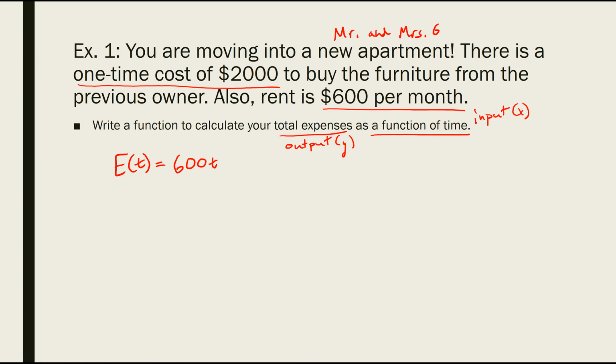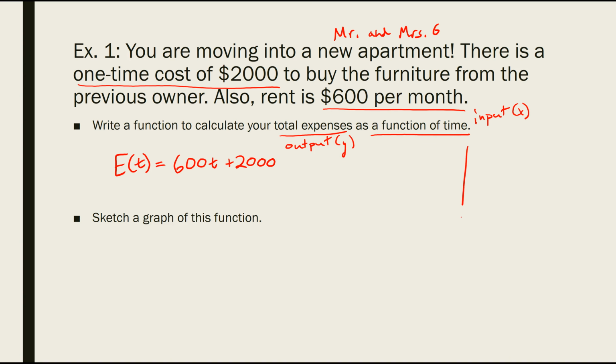So 600t tells me how much rent I've paid. But then I also have this one-time cost of $2,000. I only pay that once, so I shouldn't multiply it times t. It's just added on, even when t is 0, even before I've even paid a month of rent, I have paid the $2,000.